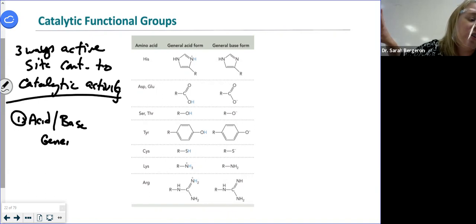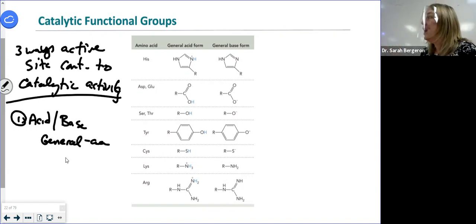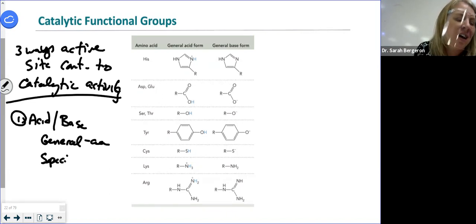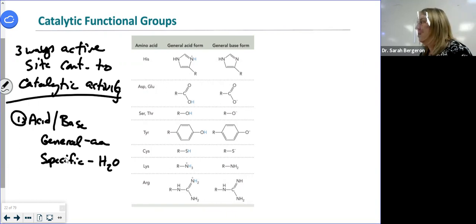There's general acid base, and general is for all amino acids, right? There are lots of different amino acids. So if I say general acid base catalysis, I'm not telling you which amino acid. I'm just saying that amino acids make it happen. The other one is specific, which means it's always going to be water, right? There's only one possibility, it's just water.